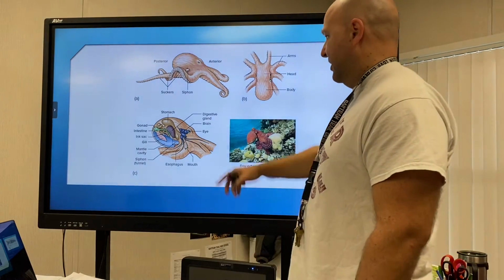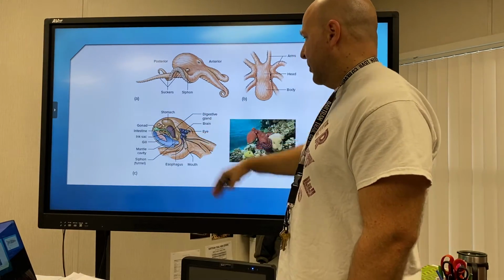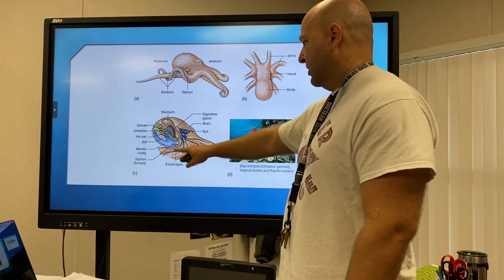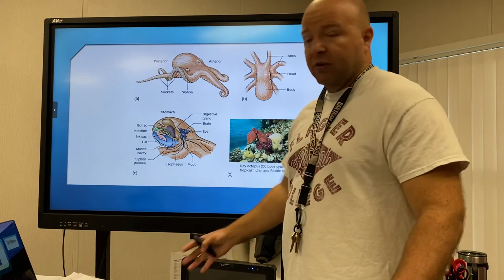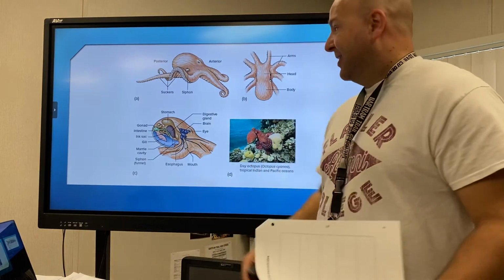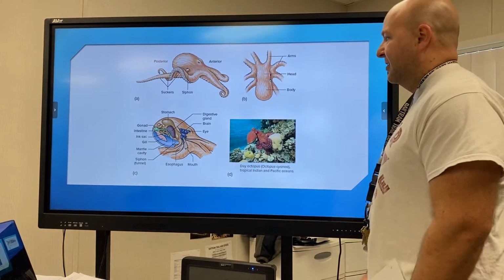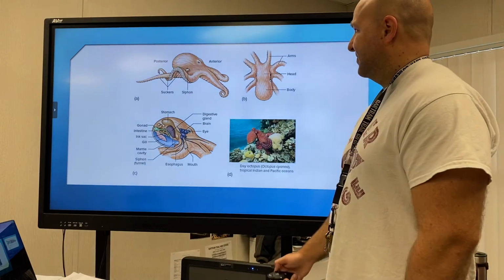We see his brain, but then we've got gonads, intestines, stomach, all of his digestive stuff, esophagus, mouth, ink sac. I mean, everything is all inside there, all packed into what appears to be his head. His stomach is in his head. Pretty crazy.